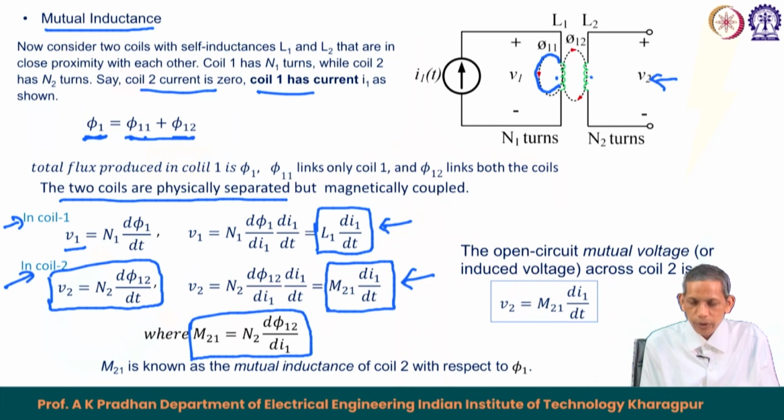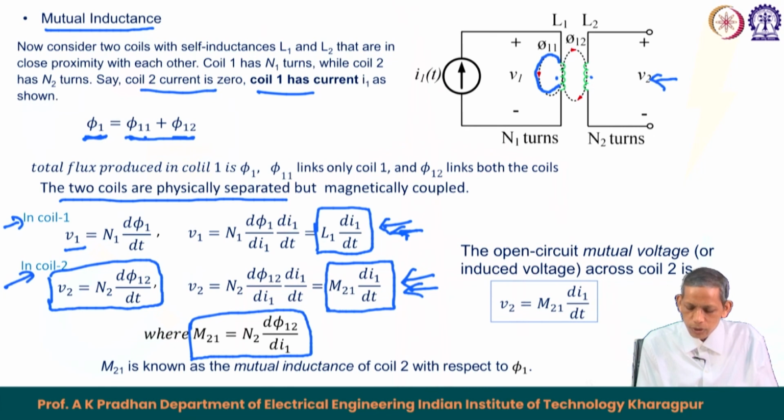So, a change of current in 1 results in a change in flux in 2, and that results in an induced EMF in 2, and that we call the mutual inductance M 2 1. Similar to the expression for the self inductance, we got an expression for the mutual one in terms of M 2 1 d I 1 by dt.